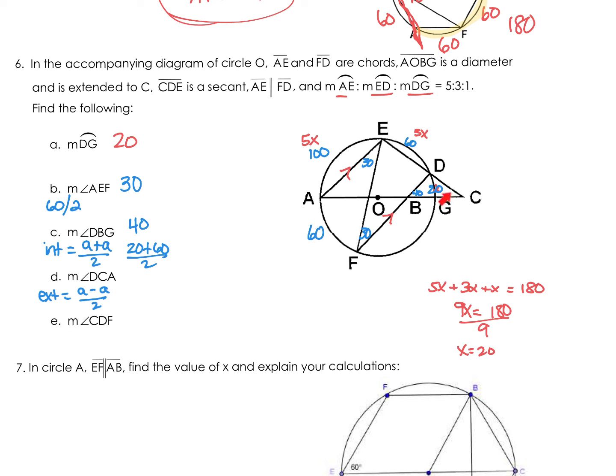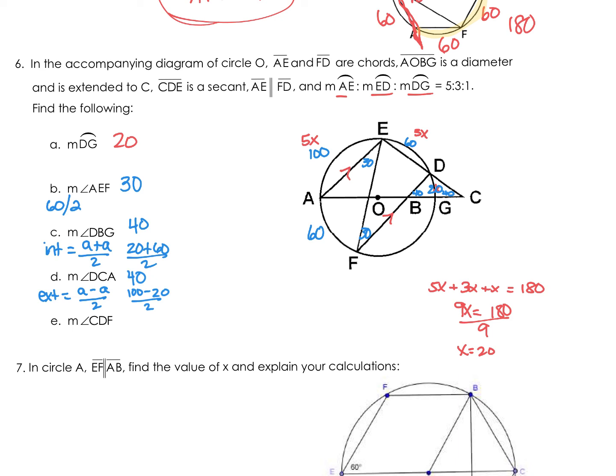So the big arc is way over here, 100. The little arc is right here, 20. So I do 100 minus 20 over 2. 80 over 2, 40. So I'm going to sneak a tiny little 40 right there.